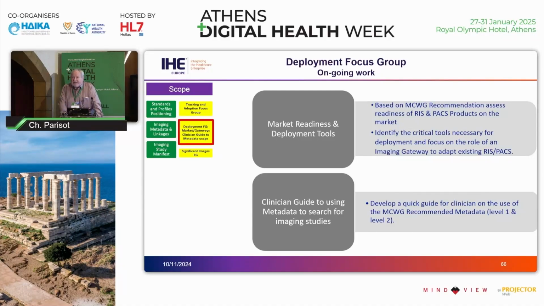We sat down and looked at various ways to deploy MCWG, especially with RIS and PACS that may not be fully compliant. So you may want to put a gateway in front of those. One country, which you will hear from, France, has actually defined a gateway product and is basically saying to the market, build a gateway.